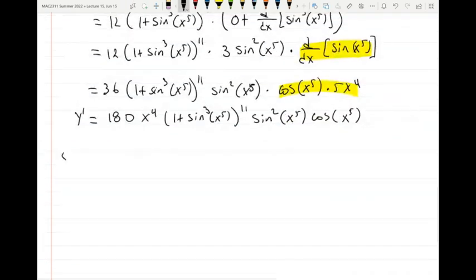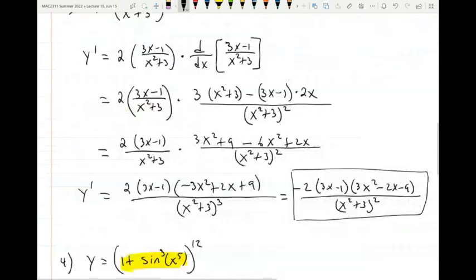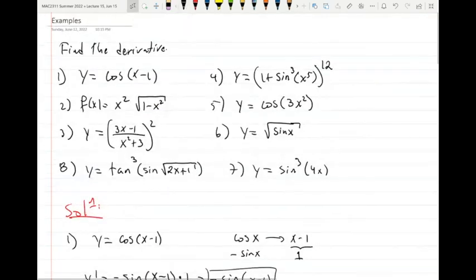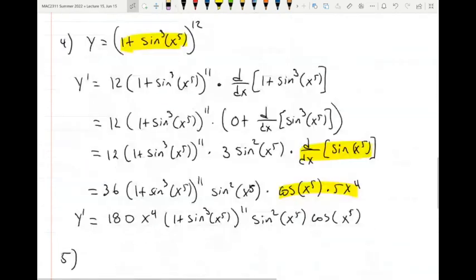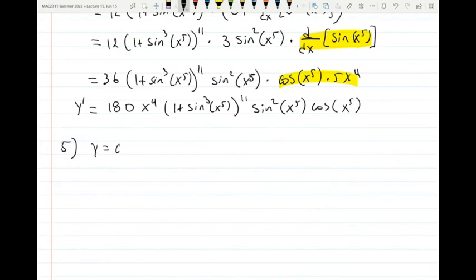All right. So the next one. What was number 5? Okay, so this one now would be easier to deal with. Let's see, who can tell me what's the answer for this one? What's y prime?